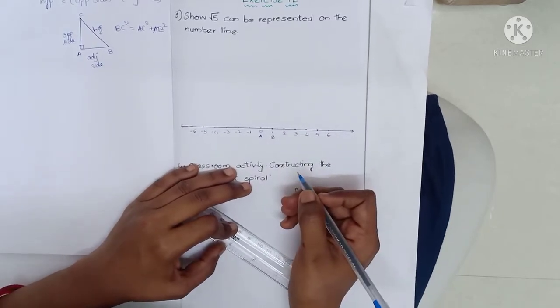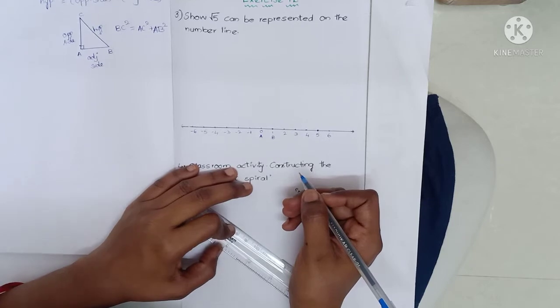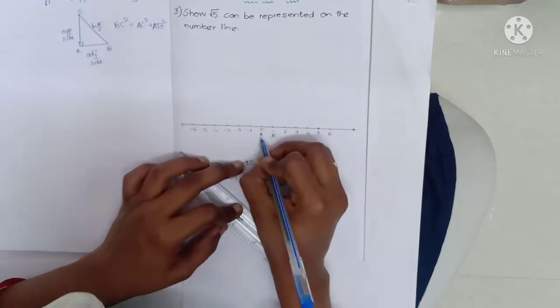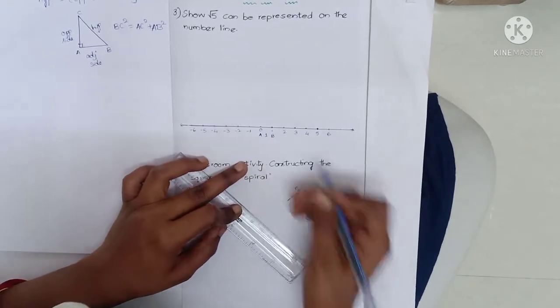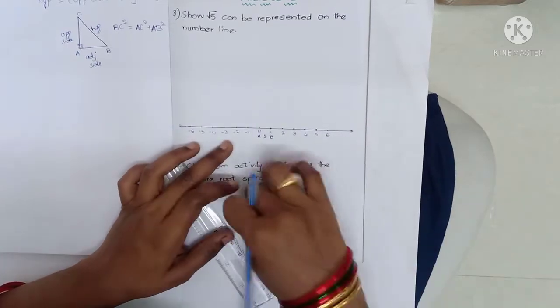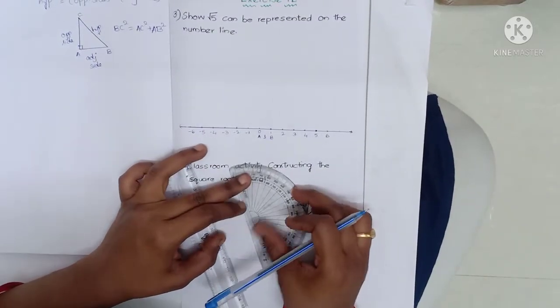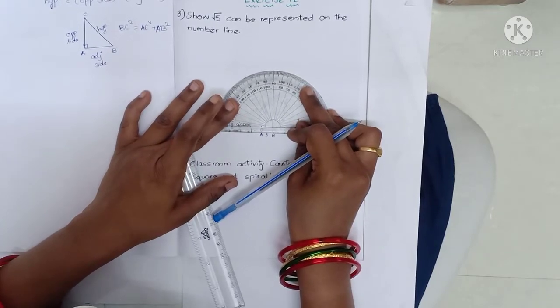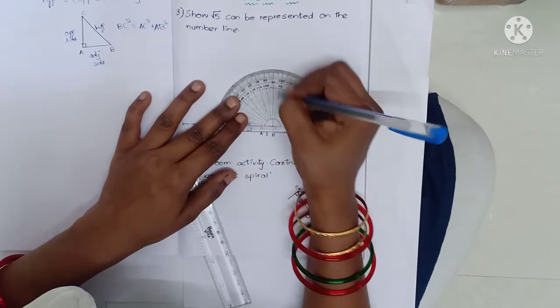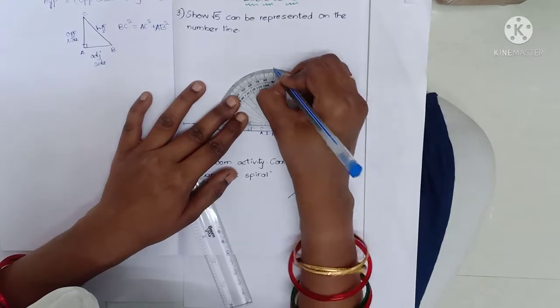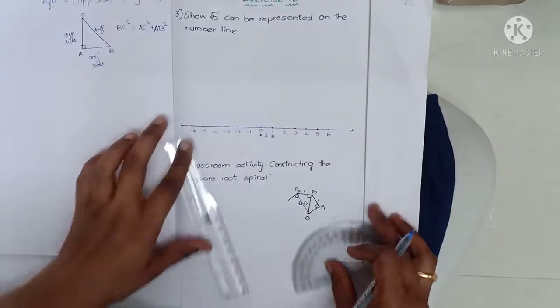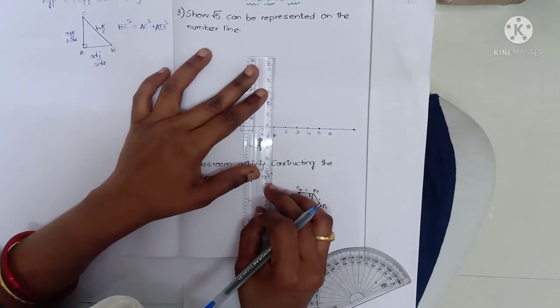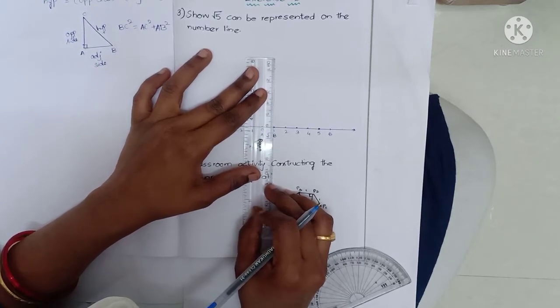Now, let's first draw root 2. How to draw root 2? AB is of length 1 unit. Now, from point B, draw a perpendicular of length 1 unit. You can directly draw the perpendicular, or take a protractor and mark 90 degrees, then draw a perpendicular of length 1 unit.